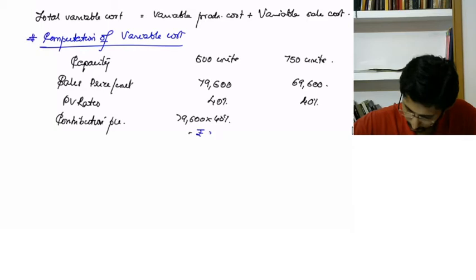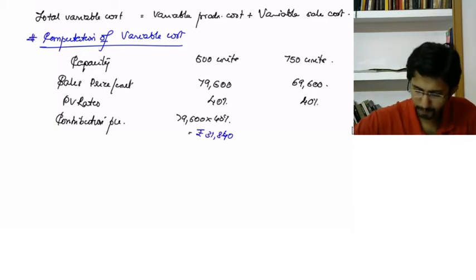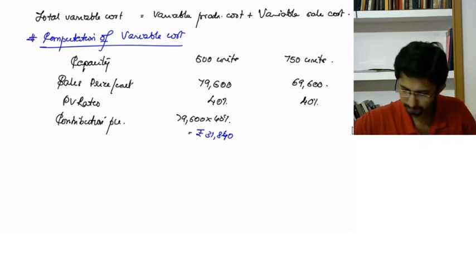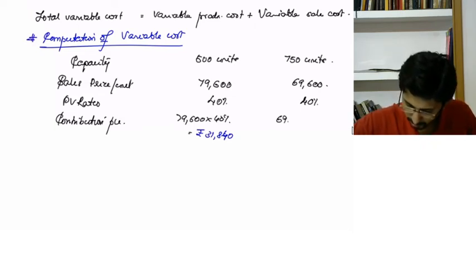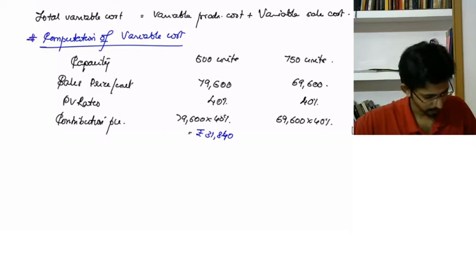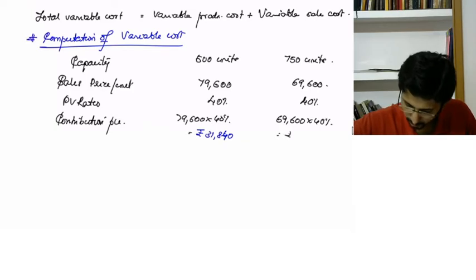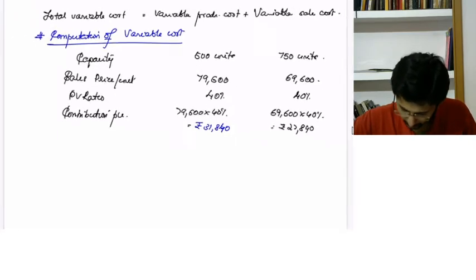Contribution will be 31,840. And here it will be 69,600 into 0.4, that will give you rupees 27,840.